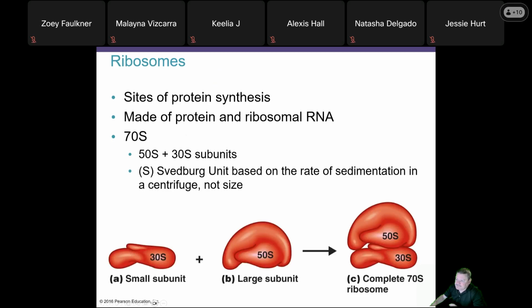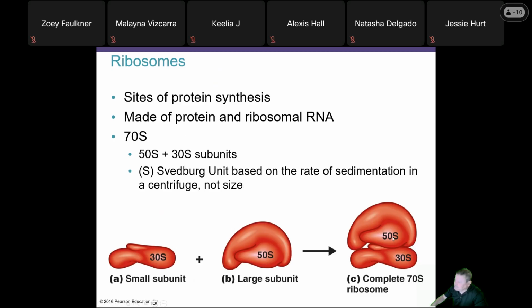So this is basically a unit based on the sedimentation rate in a centrifuge. It's not about size, so you can't just add these two together. This as a whole will settle out at 70S. And that's a Svedberg unit. It's just a unit to show you how fast things settle out when put in a centrifuge.